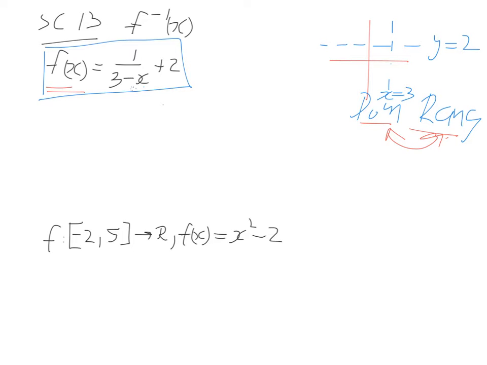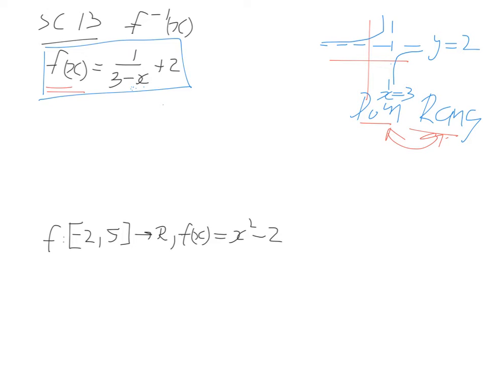Now, I've also got a negative x here, so it's been reflected in the y-axis. So our normal graph will do that, but we're not doing that this time, we are doing this. Okay, so that's what we've ended up with there. That's our graph.